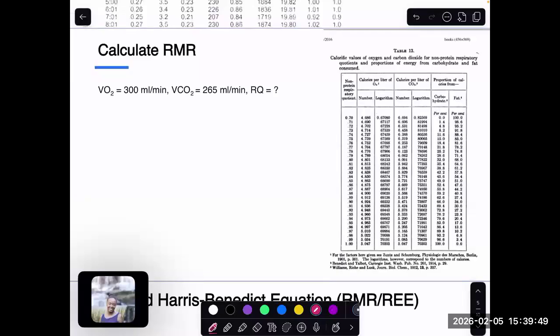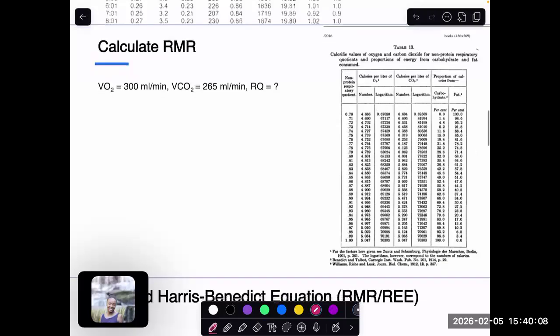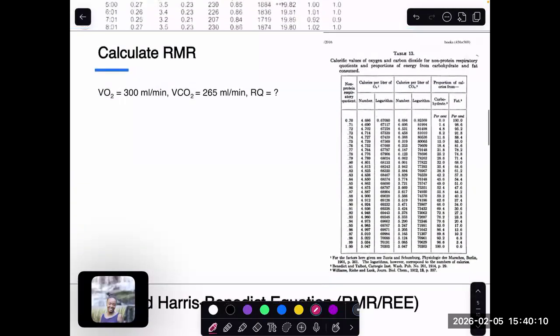So in here, we have these variables, a VO2 average of 300 milliliters per minute across a test, and then an average VCO2 of 265 milliliters per minute. Now, I made these variables up, and so we'll just walk through this example. It's simply an example. So, first things first, as you can tell, we don't have a respiratory quotient.